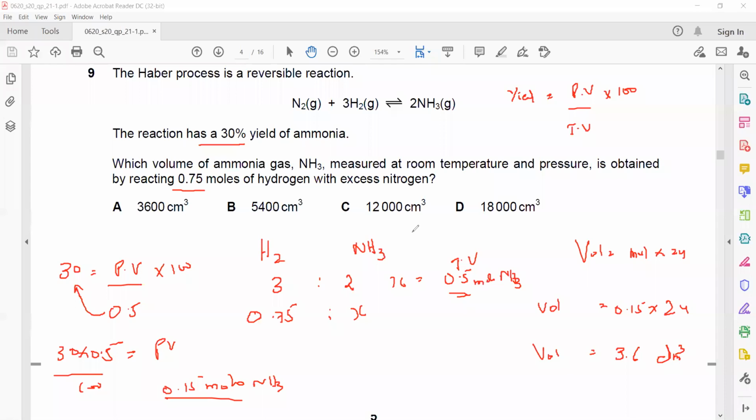But the answer is required in cm cube. So to convert dm cube into cm cube, we multiply by 1000.